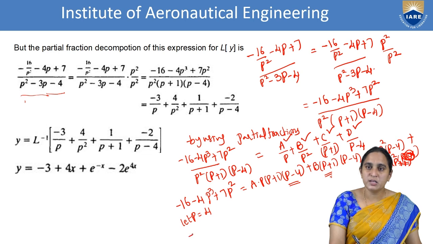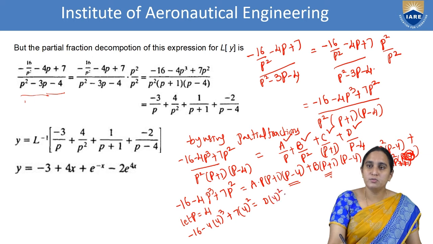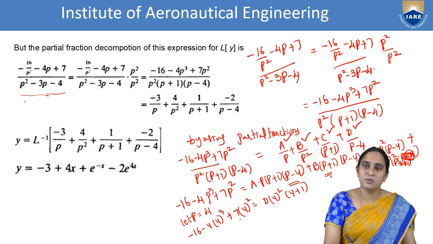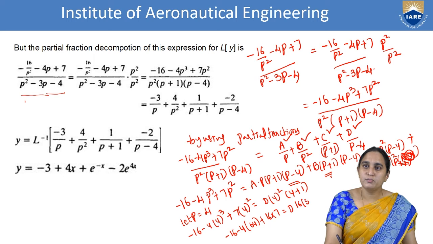Now substitute here: minus 16 minus 4 into 4 cube plus 7 into 4 square is equal to D into 4 square into 4 plus 1. If you substitute p equal to 4, we get the D value directly. That is minus 16 minus 4 into 64 plus 16 into 7 is equal to D into 16 into 5.